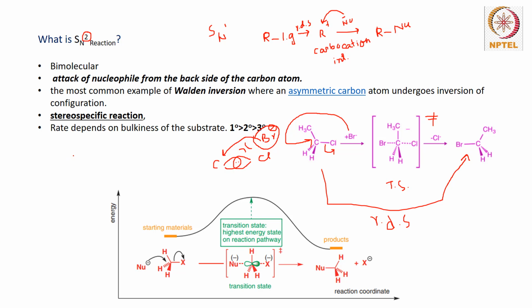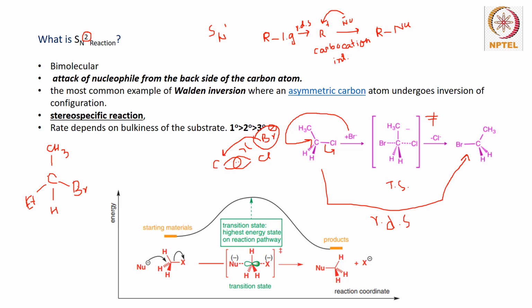Carbon has 4 bonds, so suppose the leaving group is bromine. Then there is a CH3, one is ethyl, and another is hydrogen. So this carbon has 4 different bonds, so this is an asymmetric carbon.